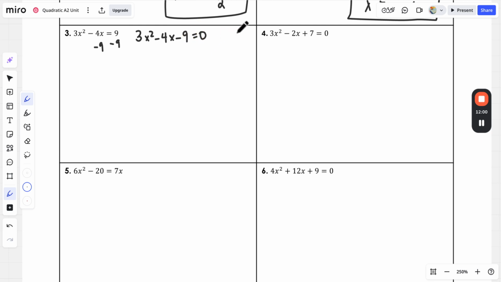Now we can identify A is equal to 3, B is equal to negative 4, and C is equal to negative 9. Now we plug into our formula. Minus B gives me positive 4 plus or minus the square root of B squared, which is 16, minus 4 times AC, 4 times negative 27.